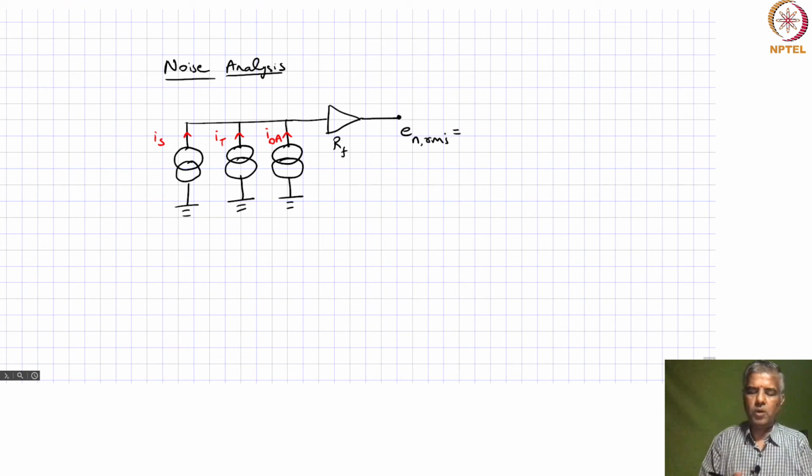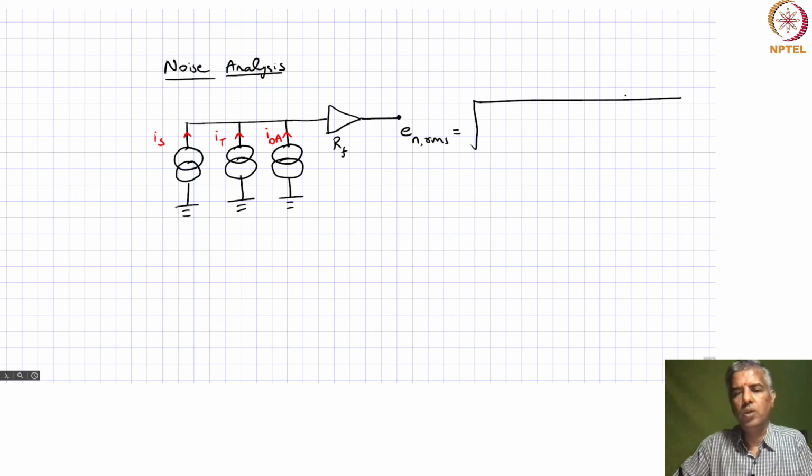This is what we call input referred noise. You have taken whatever is happening in the circuit and referred everything to the input. So now this is just an additional term to your photocurrent, and it's creating this noise.